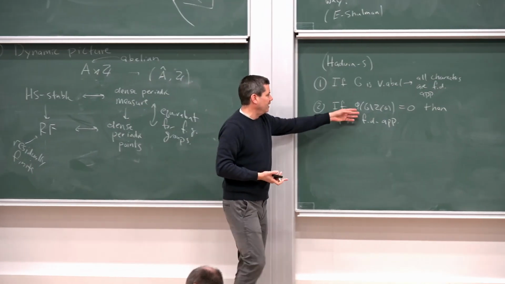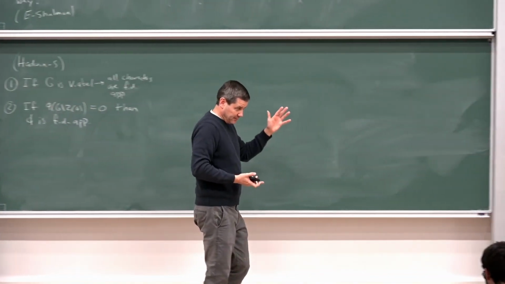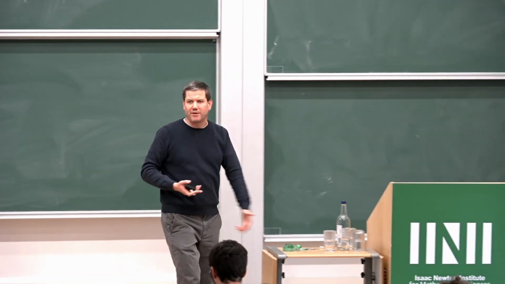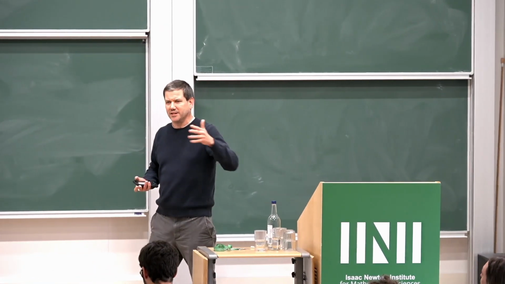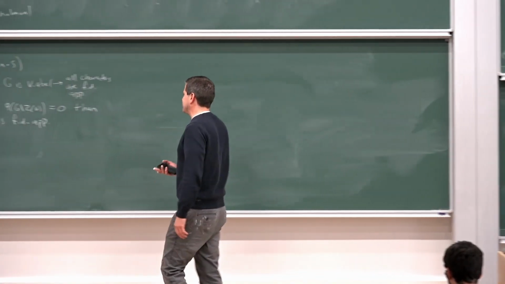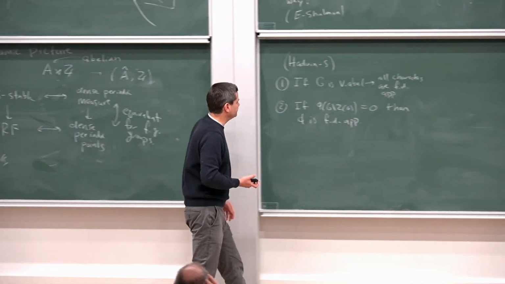This is a theme in Hilbert-Schmidt stability. If your character vanishes on large parts of your group, we have a much better chance of actually approximating it. So this is great. If you have a lot of zeros, it makes life a lot easier.